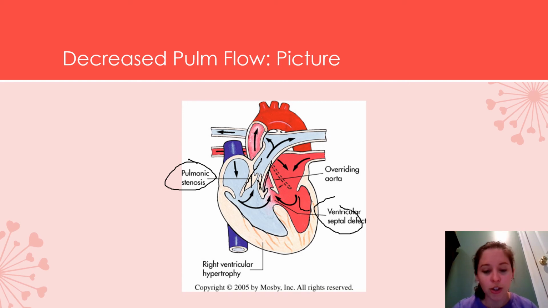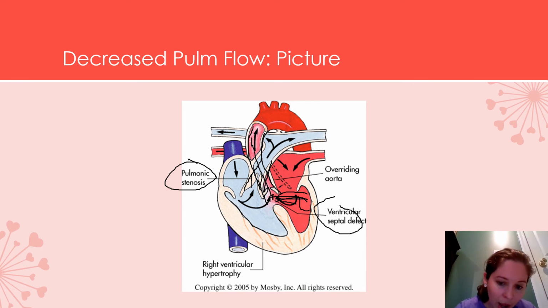Then our other issue is that because so much blood is coming in from this ventricular septal defect, we also have this overriding aorta, which means the aorta is basically sitting where the septum should be. So the aorta is midline of the heart, so this high pressure vessel is pushing blood into this hole.